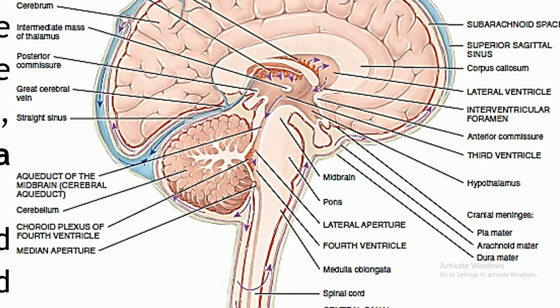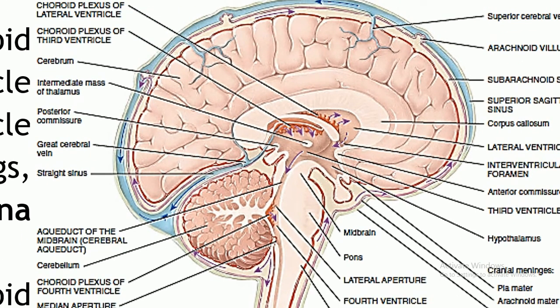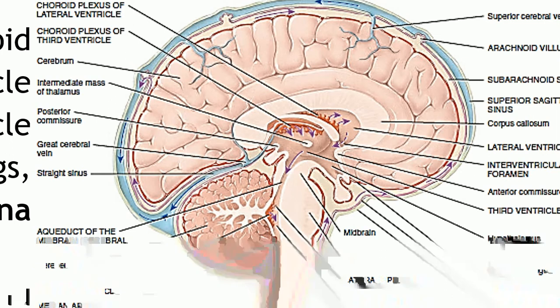Now in the third ventricle again there are choroid plexuses. So these are the choroid plexus of the third ventricle. So again here the formation of CSF is taking place. So some more volume of CSF is added over here. Already the CSF from the lateral ventricles is entering into the third ventricle. Additionally, some more CSF is being formed.